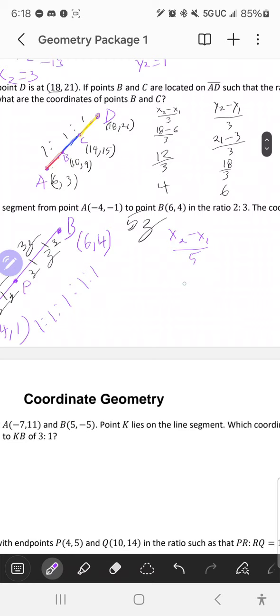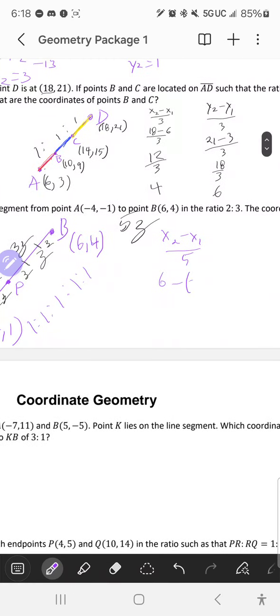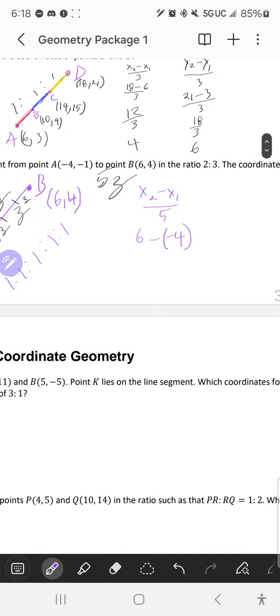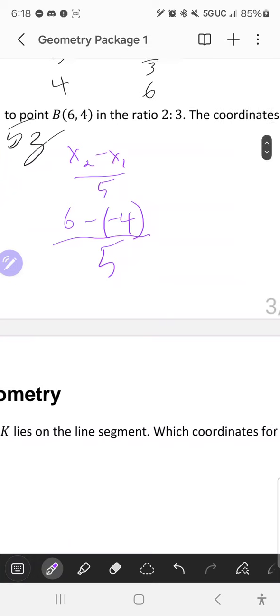So x2 is 6, x1 is negative 4, so minus negative 4 over 5. When we have two negative signs together, it's going to be a positive sign.